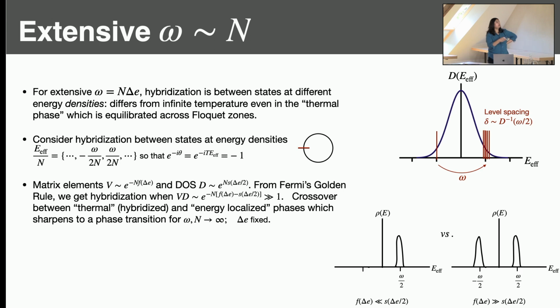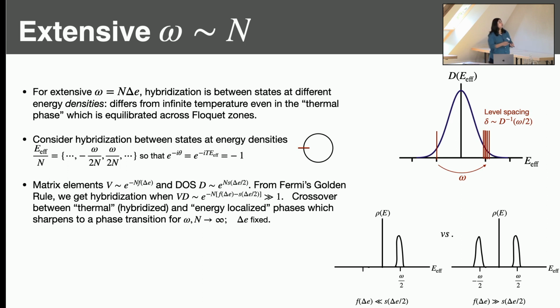Now you can do, again, a golden rule type analysis where you look at the matrix element, you consider one level at minus omega over 2, and you ask about the process that hybridizes this level with this continuum of states that it sees at plus omega over 2, okay? And whether or not it sees a continuum of states, that is whether or not you can apply Fermi's golden rule, is justified by comparing the matrix element for coupling between these states with the density of states or the inverse level spacing at this other energy.